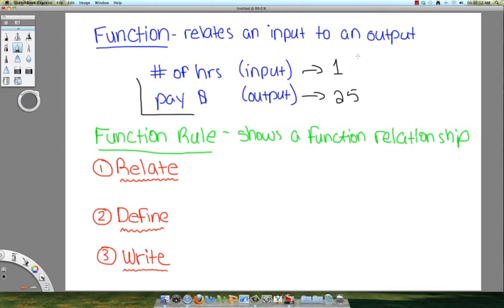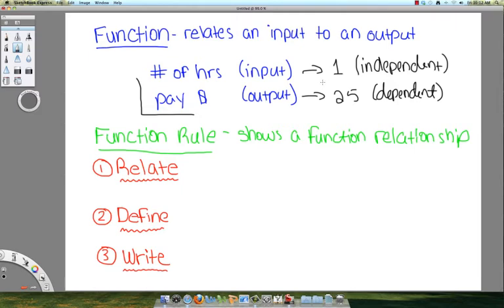And that's also your independent and dependent variable. Your independent variable is going to be your input because no matter what, that's the same. If you put 1 hour in of work, you put 1 hour in of work. If you put 10 hours in, you put 10 hours in.